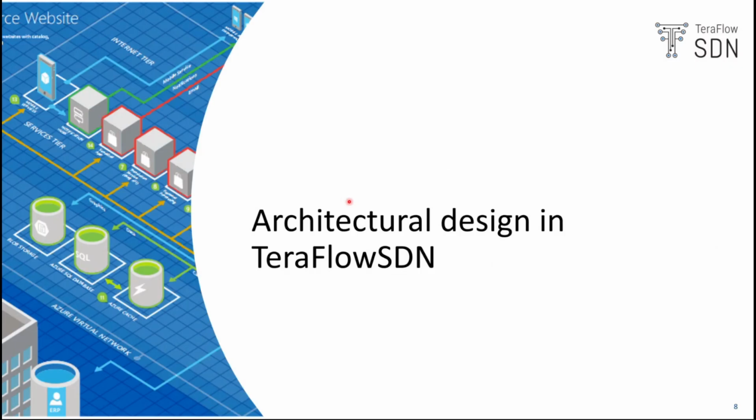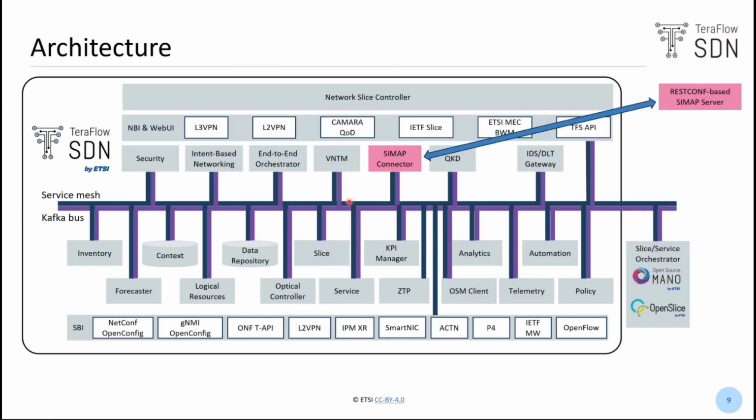In terms of how it was architected inside Teraflow SDN, I was introducing the architecture some time ago today. Essentially, we incorporated a new component in Teraflow, which is named the SIMAP connector, and this component has the counterpart of the SIMAP server.